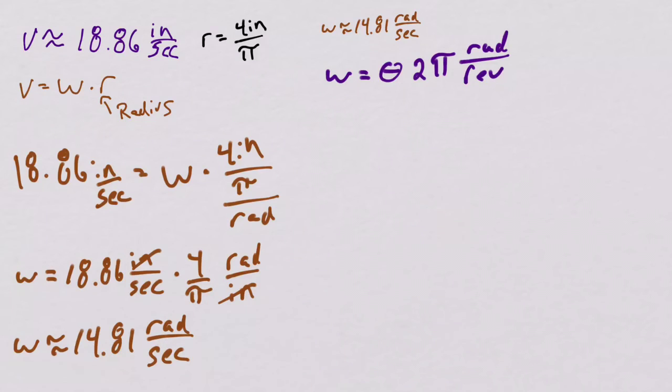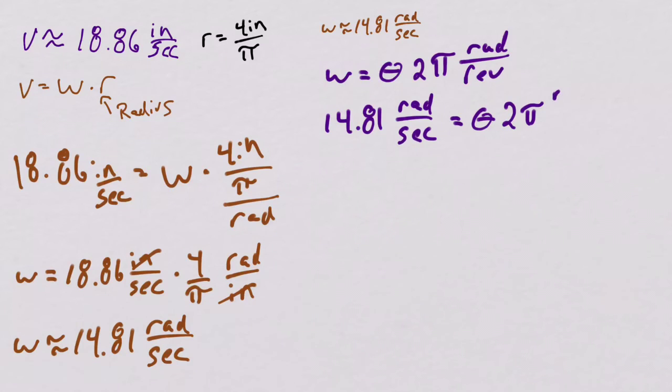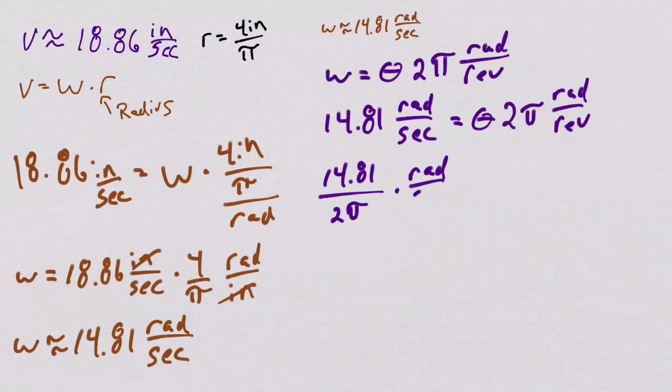From here we just plug everything in. 14.81 radians per second equals RPM times 2 pi radians per revolution. We do 14.81 divided by 2 pi times radians per second times revolutions per radian. And that is going to equal my RPMs.